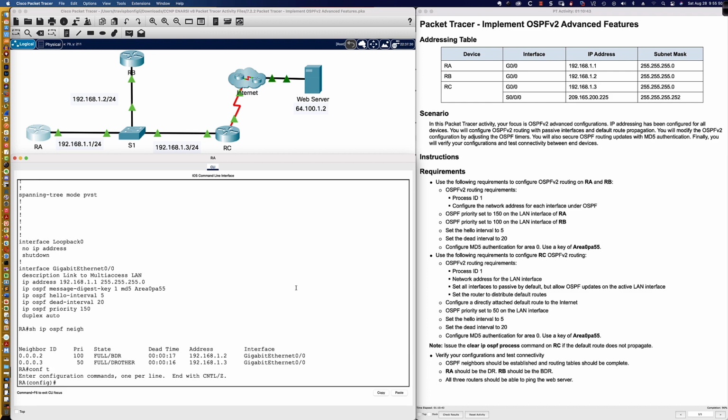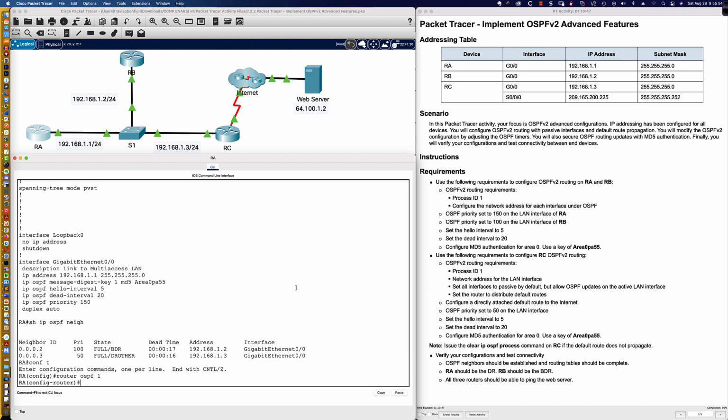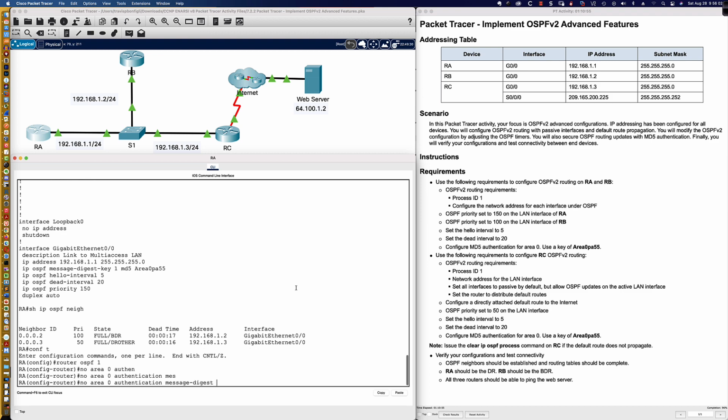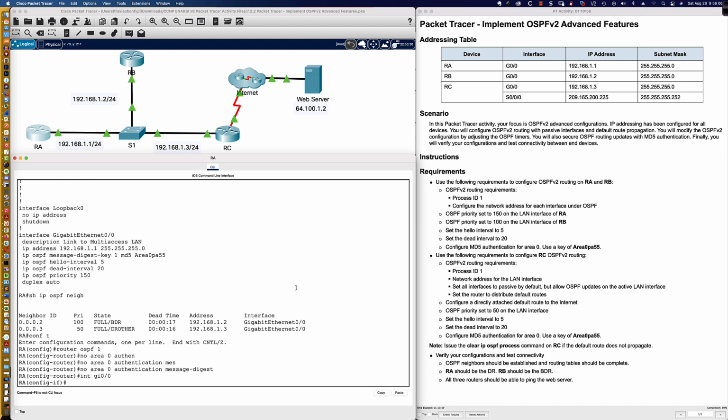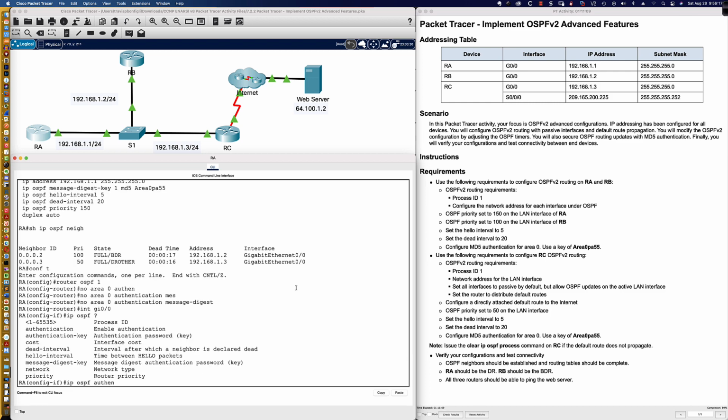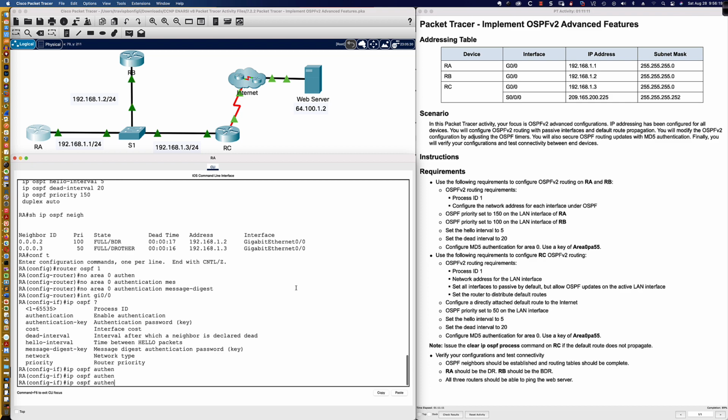So let's get into global config and let me see if this is going to work. router ospf 1, we're going to say no area 0 authentication message-digest. And we're going to get into the interface, right? So you can drop it there, but you can also come into the interface, and now I am ip ospf. Oops, sorry.